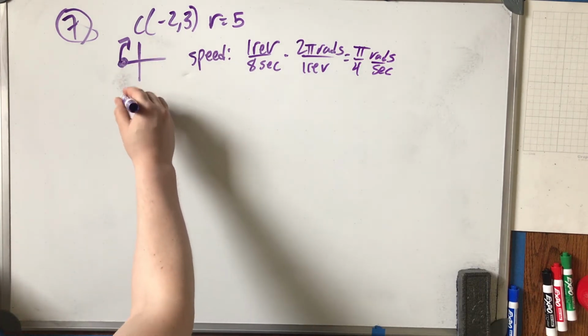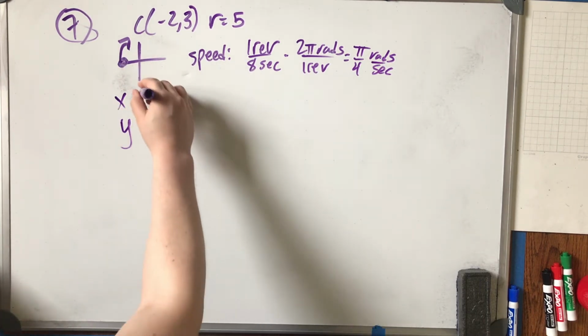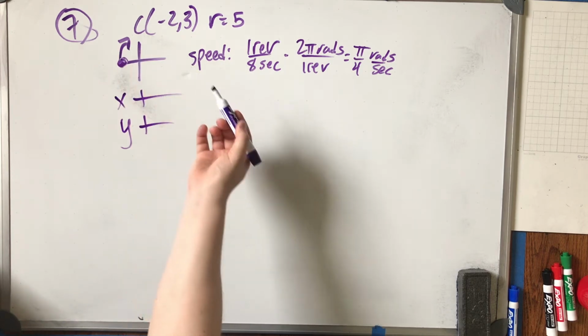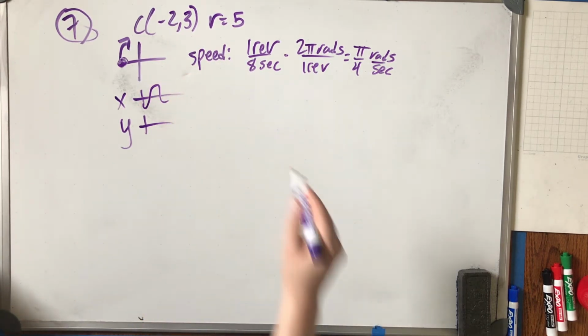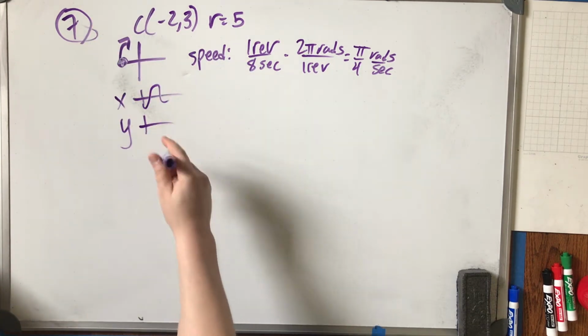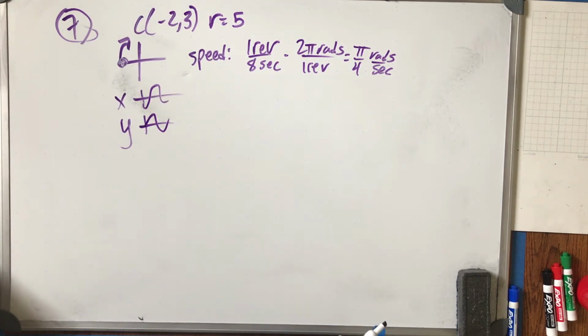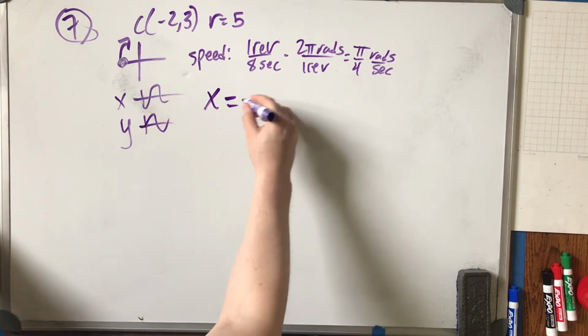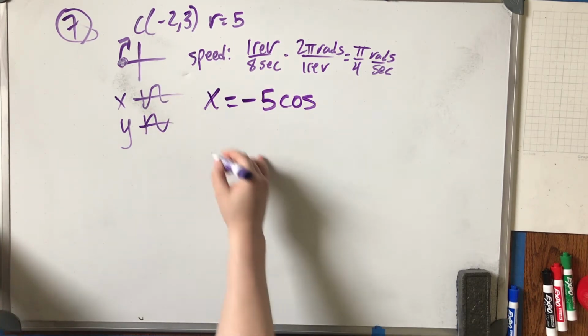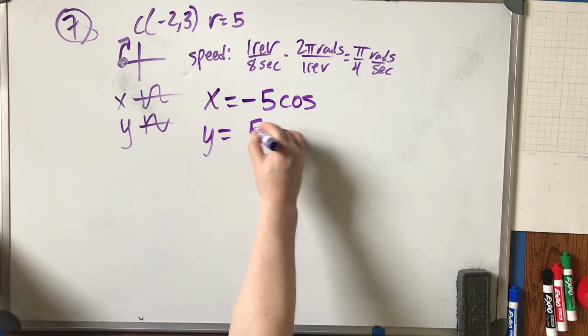If I'm starting over here, that's going to help me figure out which one's cosine. So I'm starting at the leftmost x value, so x is going to be negative cosine, and we're going up, so y is going to be positive sine. So x will equal -5 cosine, y is going to equal positive 5 sine.